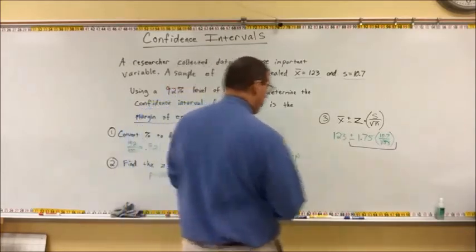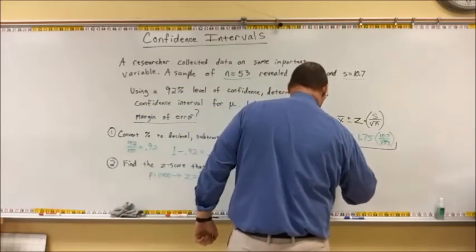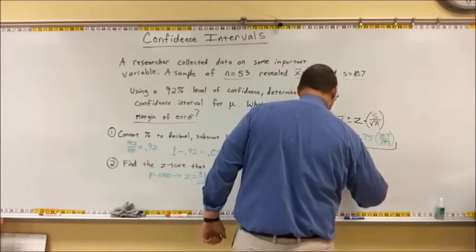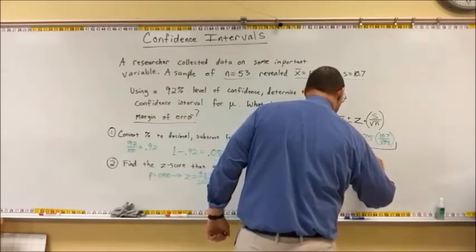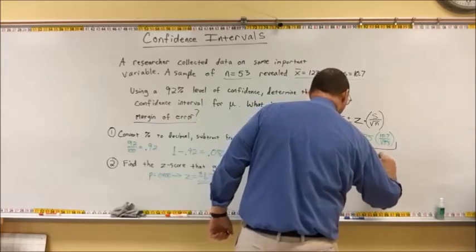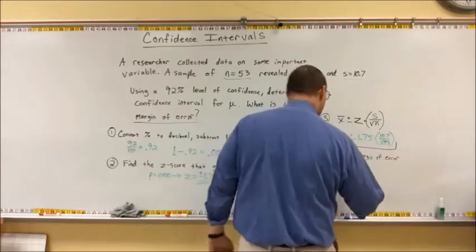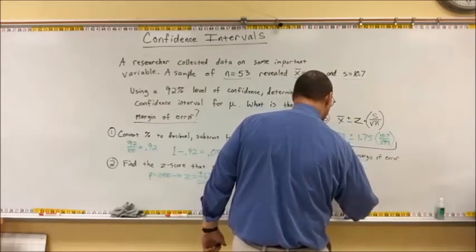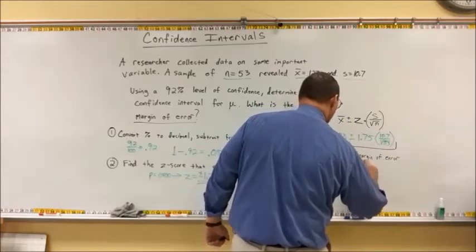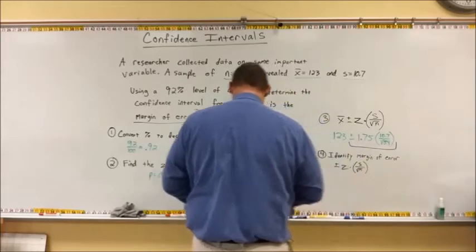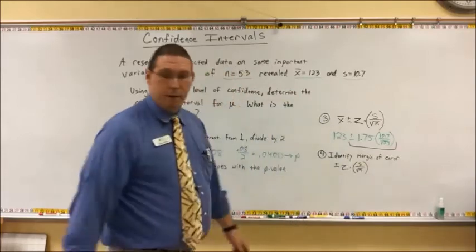All right, so let's put here 4. Identify margin of error. Which is just simply z times s over the square root of n. Okay, so in this case, let's get a calculator somewhere around here.